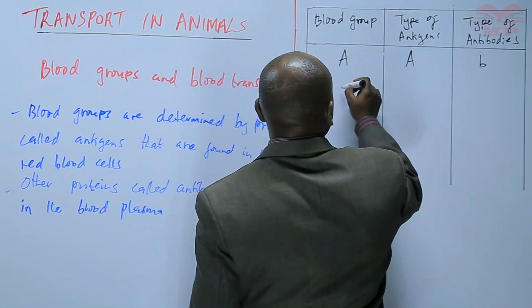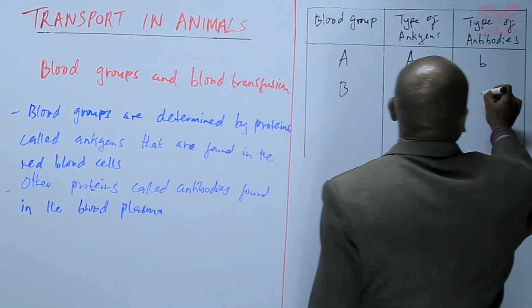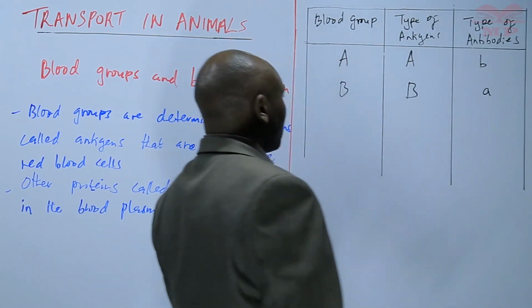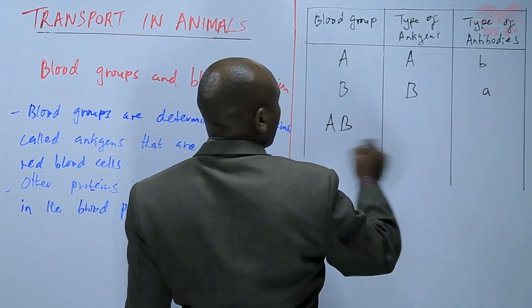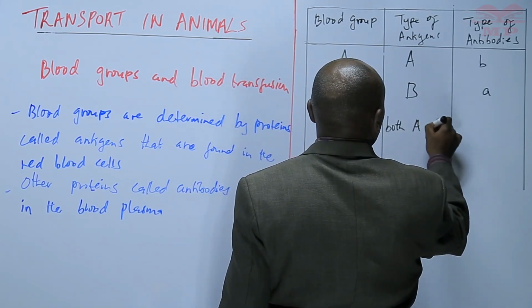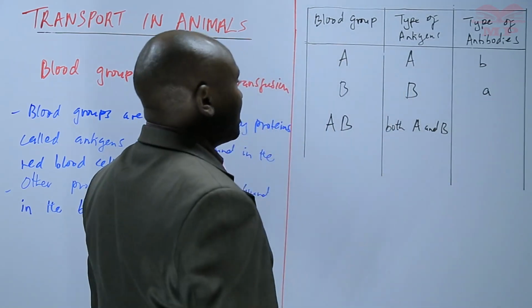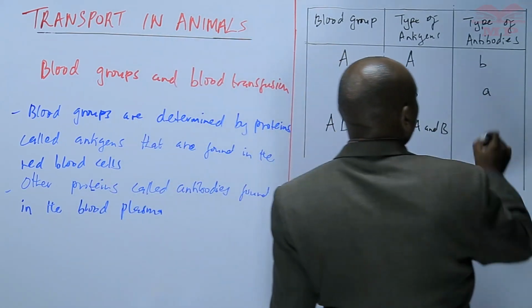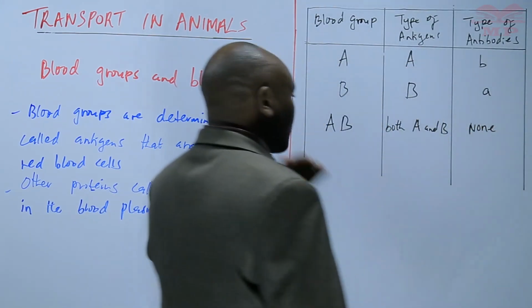If the blood group is B, we have antigen B and antibody A. If blood group is AB, we have both antigen A and B. And if we have both antigen A and B, then we have no antibody. We have none.